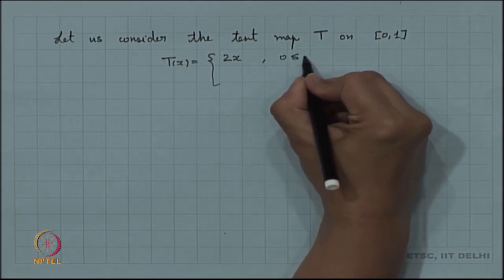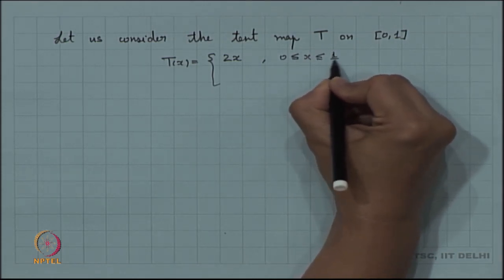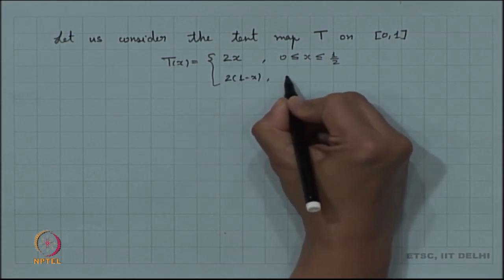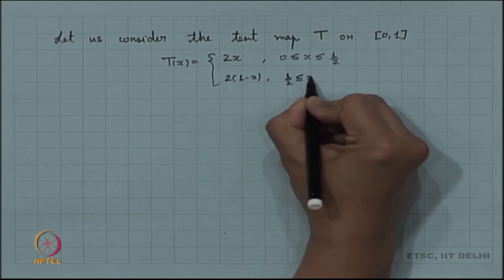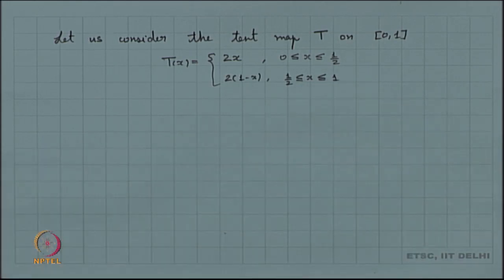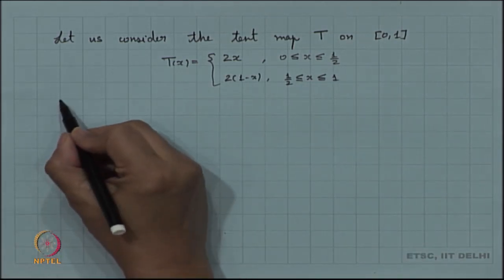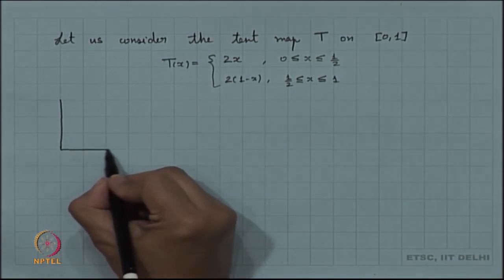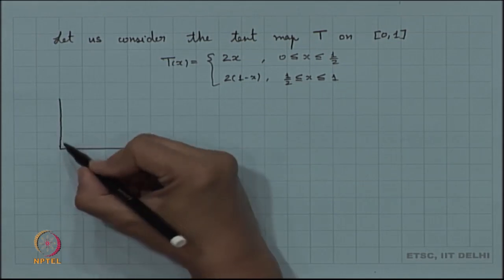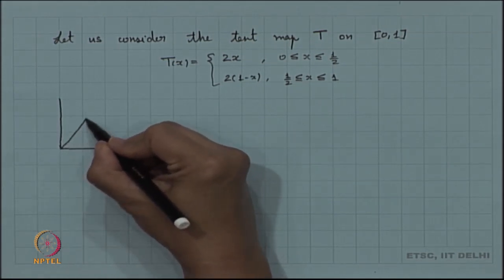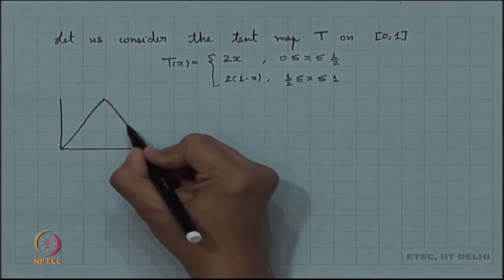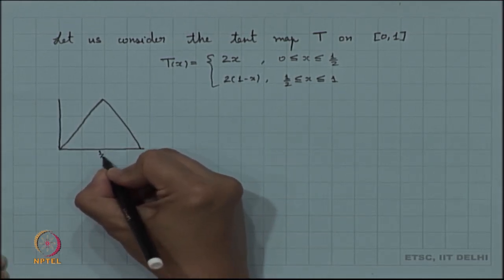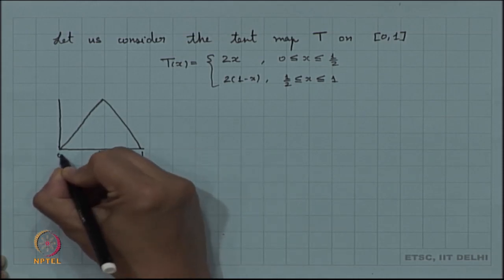We have seen this many times earlier, we have considered this example many times earlier, and this is twice 1 minus x, where half is less than or equal to x is less than or equal to 1. So, this map goes something like this, right. So, this is your half, this is 1, this is 0.